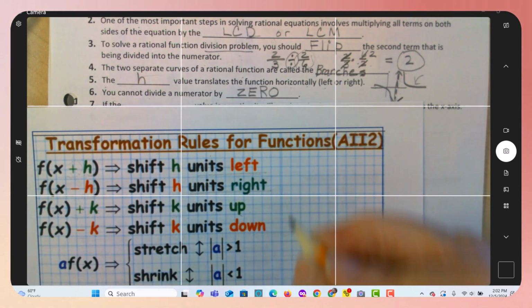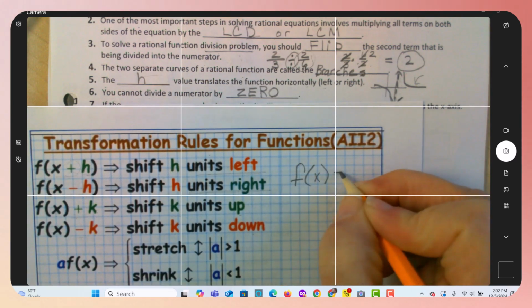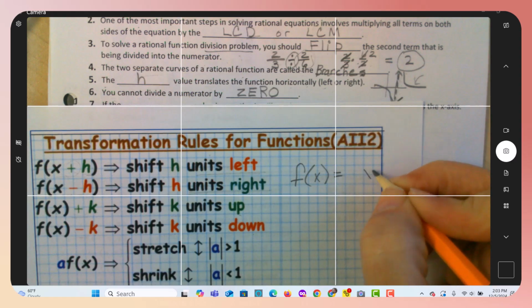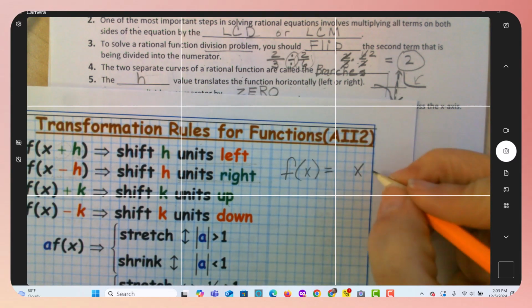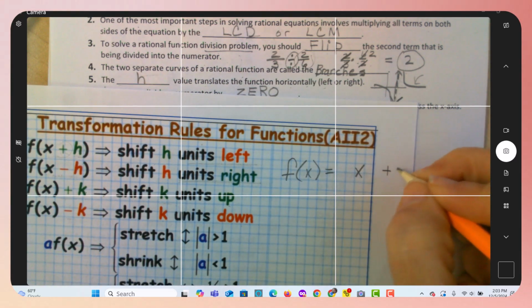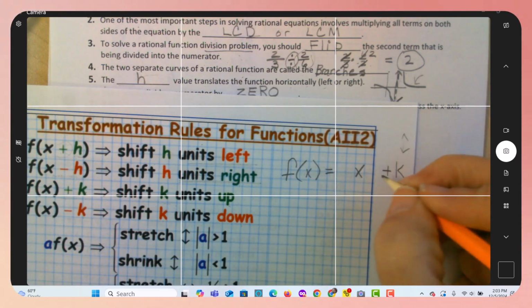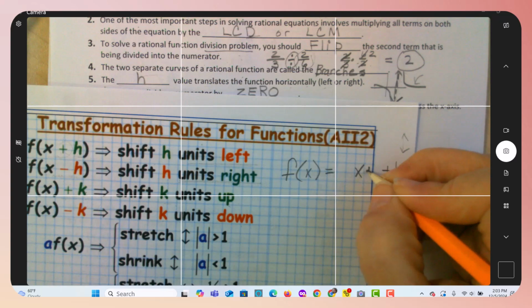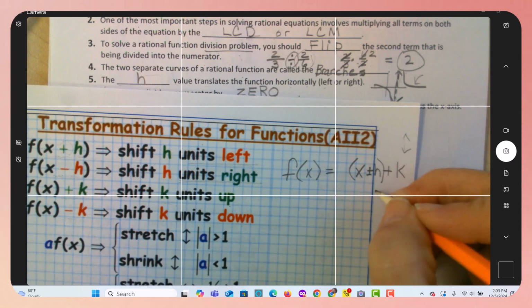Okay, if we have a function f of x equals x, that's our parent function. Now we said that if we add a number to the end called k, it's going to shift it vertically up or down. Now if we add or subtract a number inside of parentheses, we call that h, it's going to shift it left or right.